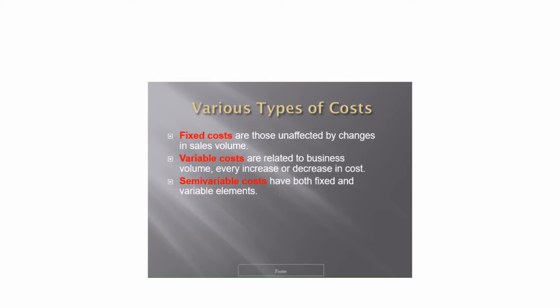Now here's a tricky one: semi-variable costs. Semi-variable costs are costs that have both a fixed and variable component to them. So a portion of it will be fixed, and other elements will be variable. But there has to be both for it to be a semi-variable cost. One personal example I could give you is your phone plan. Unless you have unlimited, you have a certain amount of talk hours and a certain amount of data for whatever you agreed to per month.